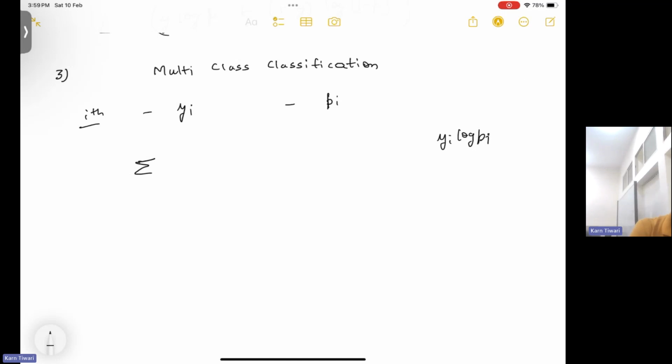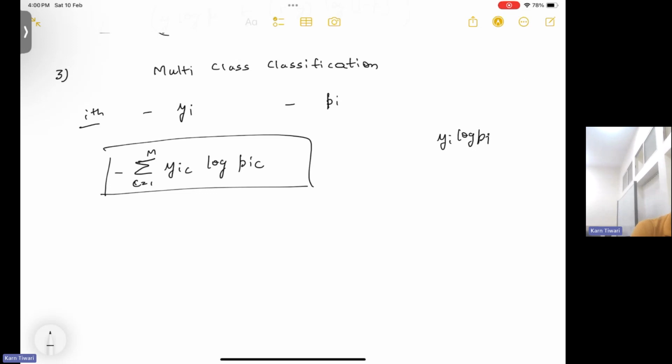So basically, if we have m classes, then for one instance it's the sum over classes of yic times log of pic. So this is my answer basically.